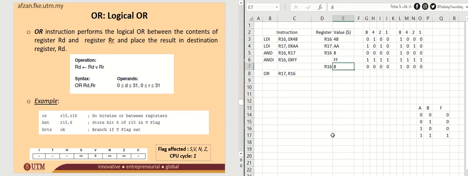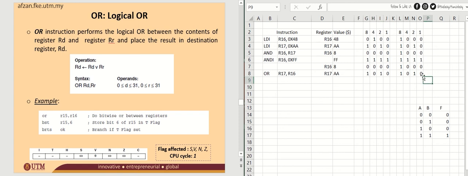This is your current value of R16, which is 08. What about R17? R17 still has AA. We copy this value down here, and then we do the logical OR operation between R16 and R17. This is the R16 number, and this is your R17 number.